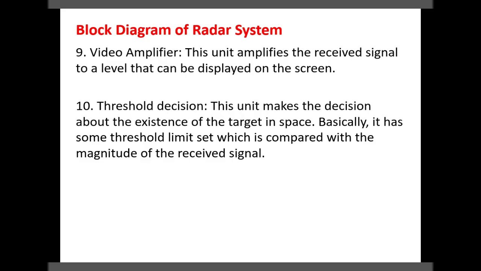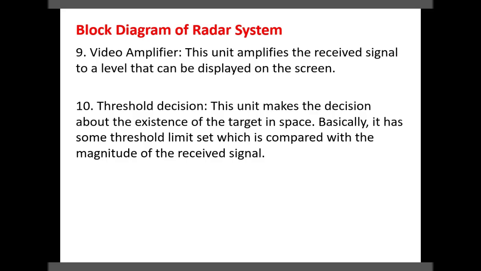The next one is threshold detection. This is a very important section. This unit makes the decision about the existence of a target in space. Here some threshold levels are set, and if your received signal goes above that threshold level, you can say that the target is surely present in that signal. Target information is present.